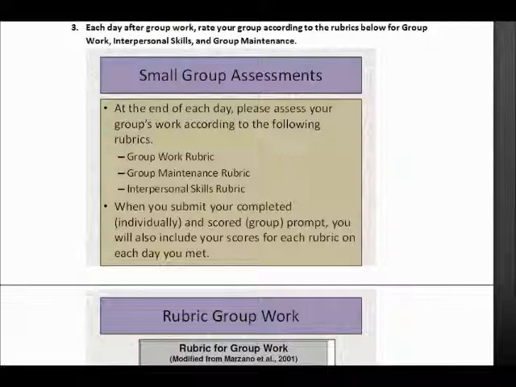So completed prompt and the score that your group gave you for that prompt, and your score of the group work. So we'll take a look at these 3 rubrics, make sure you know how to score your group each day, and know how to format that information so that it's easy for your teacher to see and determine how you rated your group.